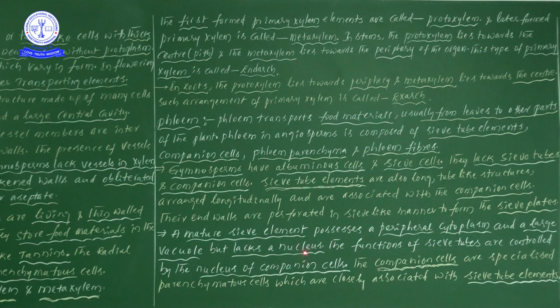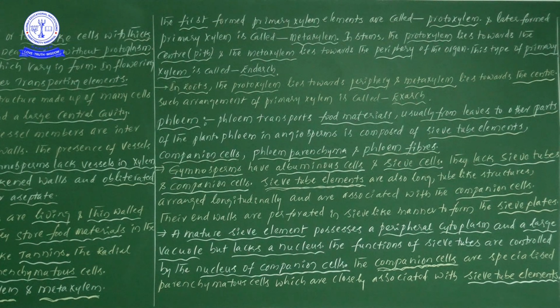If you take a mature sieve tube element, the nucleus is absent. But if you take a young one, the nucleus is present. So that is the main point here. In a young sieve tube element we can find the presence of nucleus, and in a matured sieve tube element the nucleus is absent.